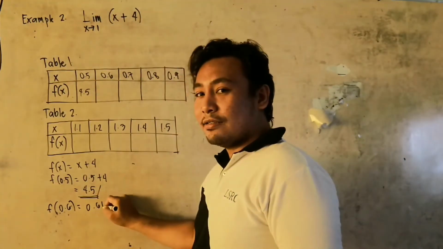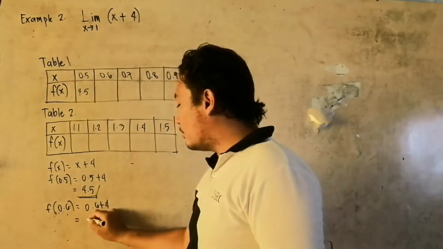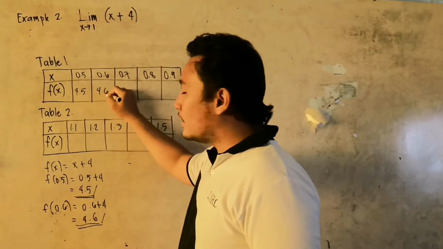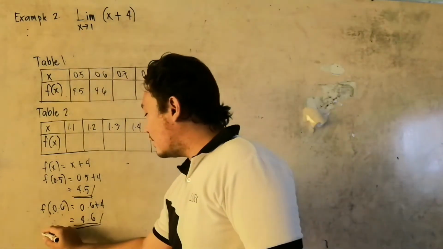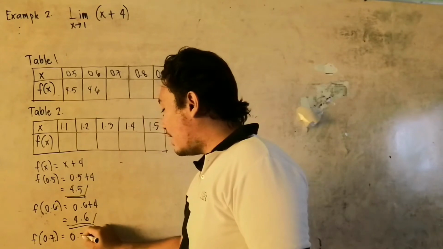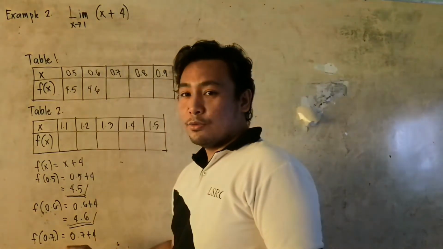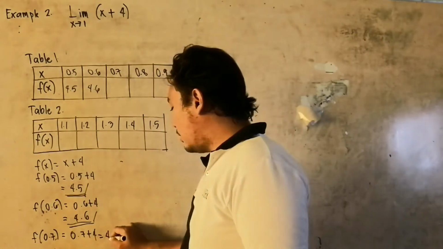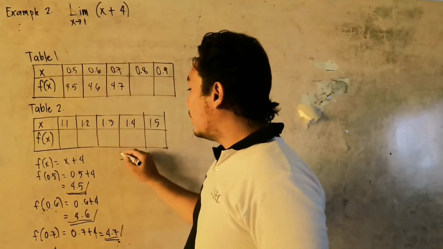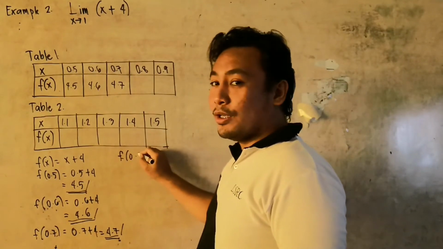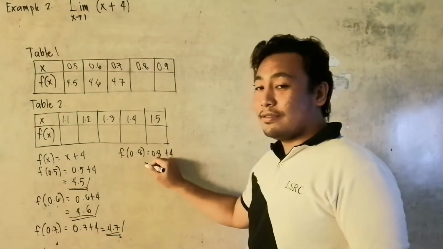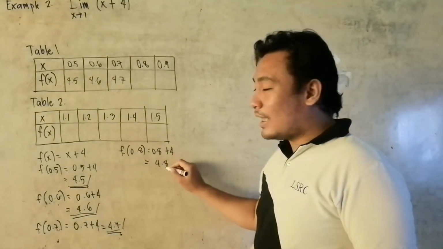So we have 0.6 plus 4, that is equal to 4.6. We have 4.6. So next is f of 0.7. So 0.7 plus 4 is equal to 4.7. So next is f of 0.8. So we have 0.8 plus 4. And this is equal to 4.8.